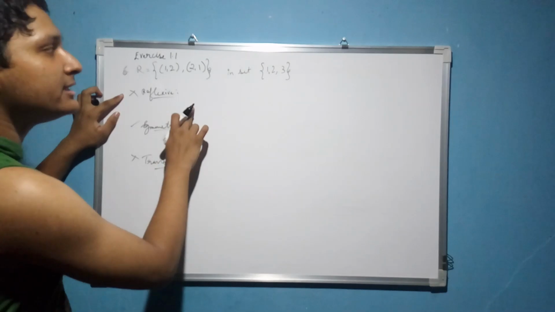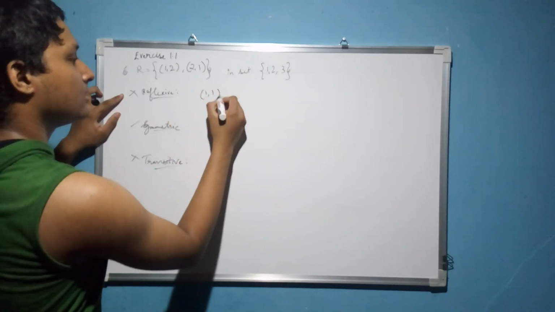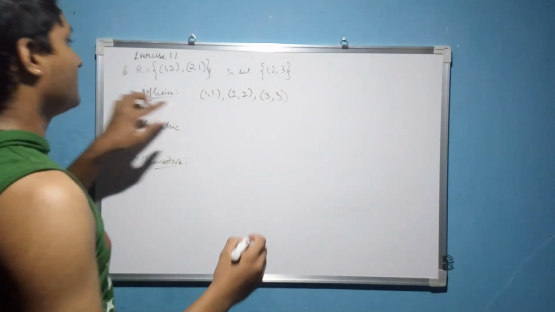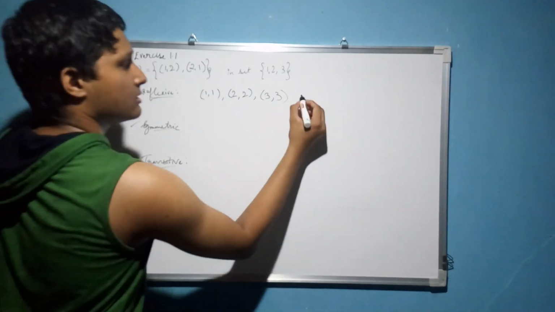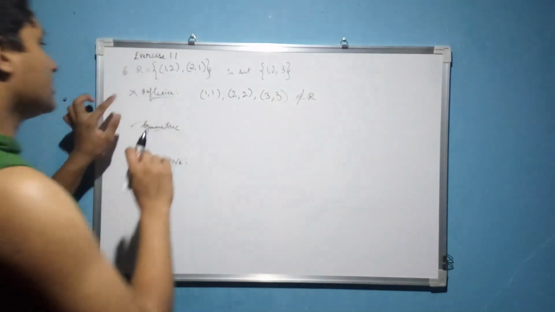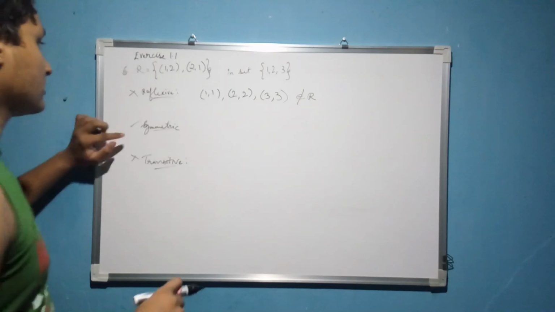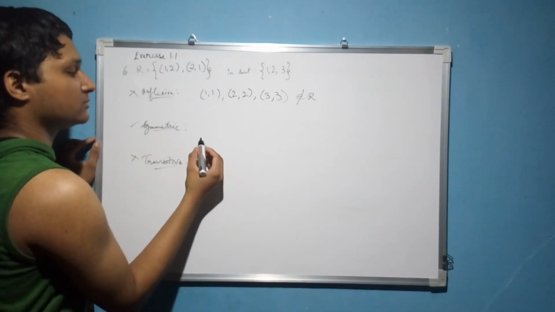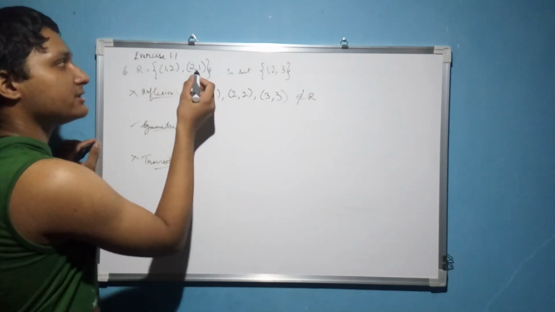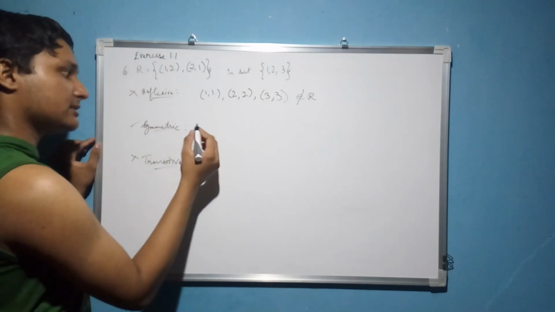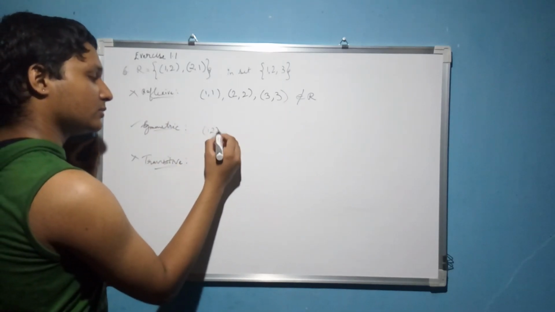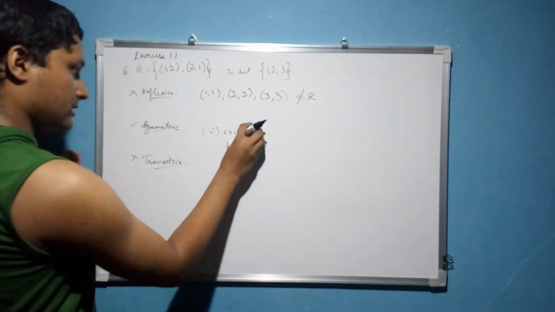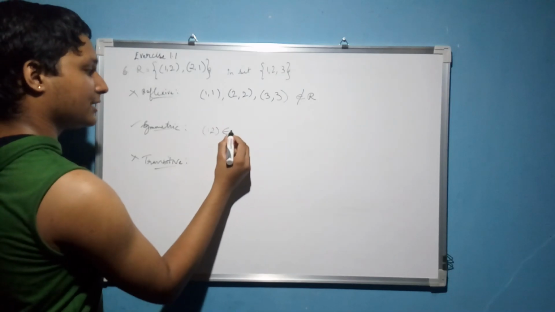If it needs to be reflexive, then (1, 1), (2, 2) and (3, 3) should belong to R. But that does not belong to this relation. Therefore, it is not reflexive. For taking a symmetric, here we have (1, 2). Its opposite one is (2, 1). That means (1, 2) exists, or in other words you can say it is belonging to that relation.